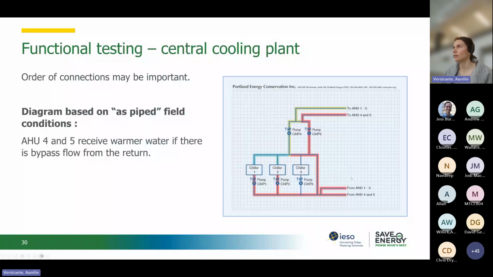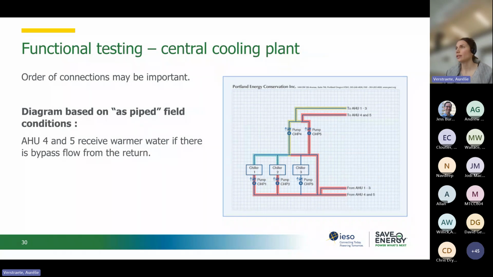So here is a diagram based on as-piped field conditions, so what you see on site directly, and it will have the impact that air handling units 4 and 5 in that example will receive warmer water if there is bypass flow from the return here in red.